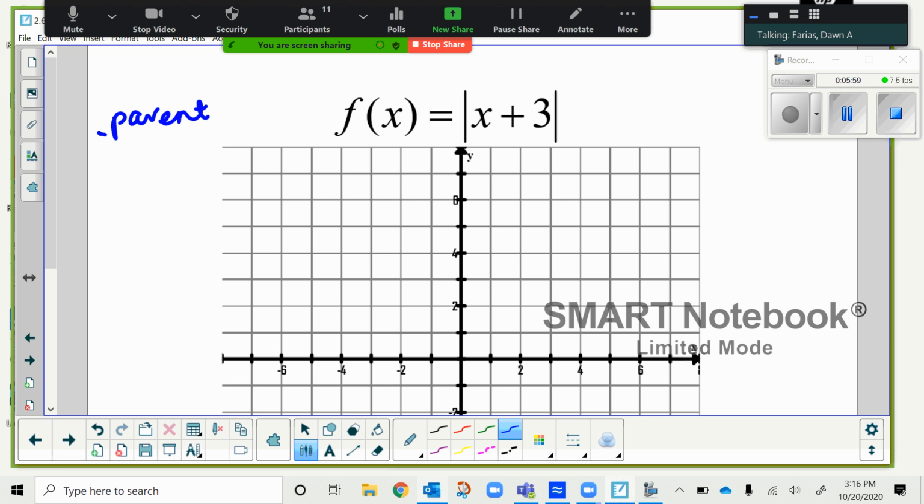So what function was this before it had a +3? Absolute value, right? So let's just graph the basic shape of absolute value, before any modifications were made on it. So that's a basic absolute value.